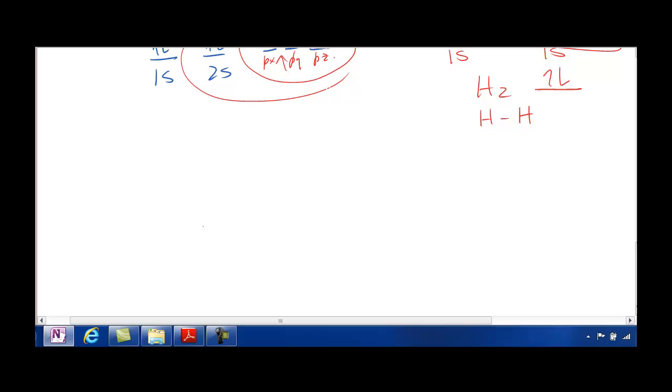And what valence bond does to explain the formation of CH4, where C is the central element, is this. I am trying to explain how come I have 4 bonds in CH4. How come those bonds are 109.5 degrees, which is what spectroscopy tells us.